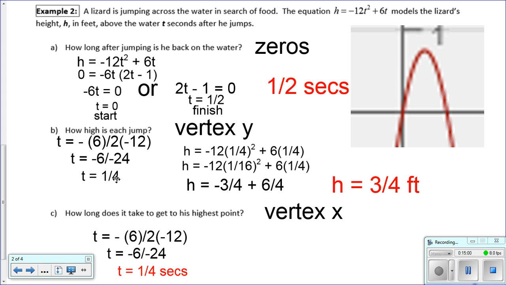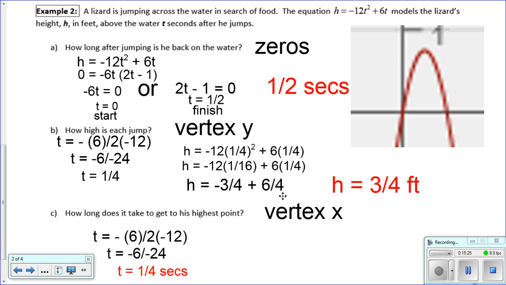And at that time, we can figure it out just by plugging in. When we have the time of 1/4, we put it in for t. Negative 12 times 1/4 squared plus 6 times 1/4. Well, 1/4 squared is just 1/16. Multiply that by negative 12, we get negative 12/16, or negative 3/4. 6 times 1/4 is 6/4.